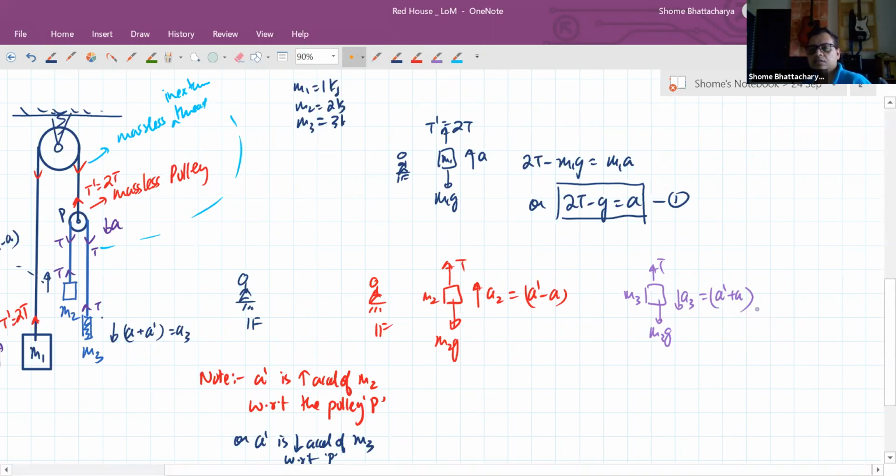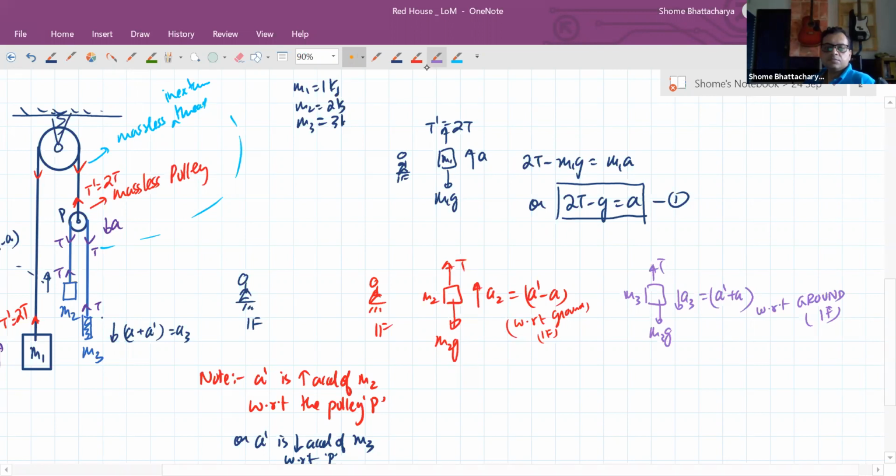This acceleration A3 is with respect to ground or inertial frame. Same with this one, this acceleration is with respect to ground or inertial frame.